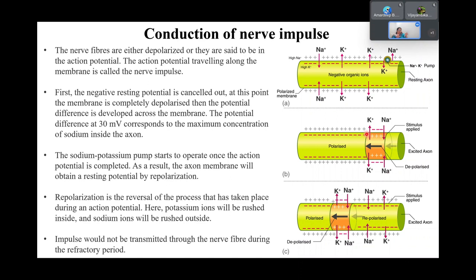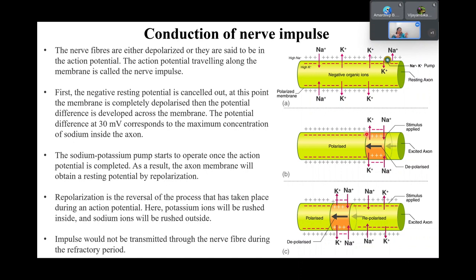Now at the rear side, when this information is passed on, these will start getting repolarized. The same step that was taken in the previous step will be reversed here. Potassium will be pushed out and sodium will be taken in. But when you have reached the stage of repolarization, they start doing the opposite so that they bring that potential back to normalcy.